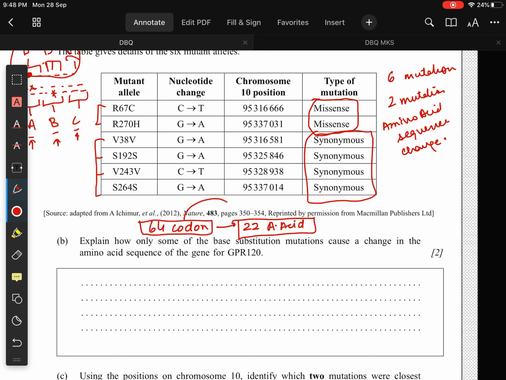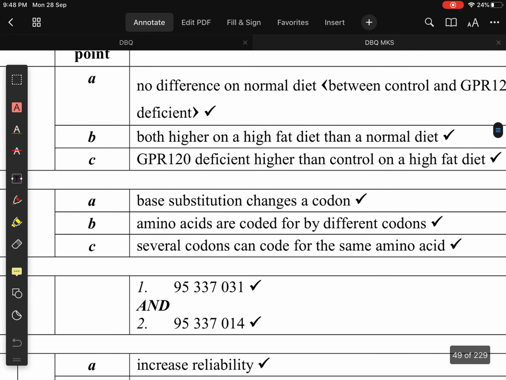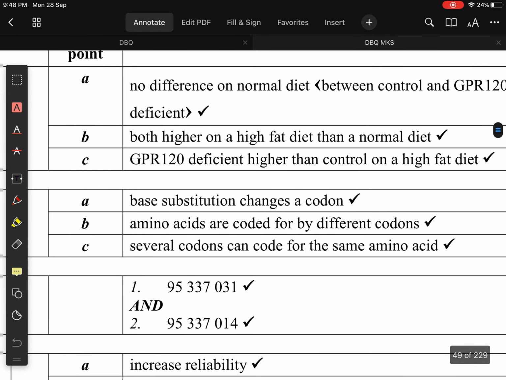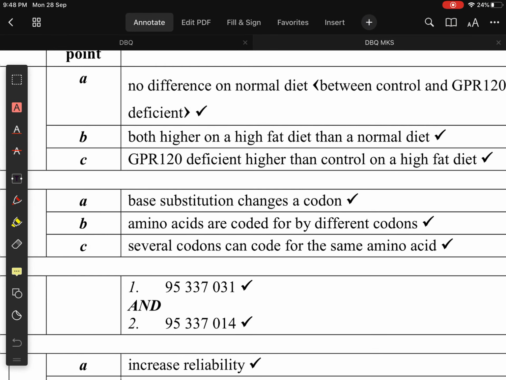That means there is more than one codon coding for the same amino acid. So for example, if this change happened, but this codon is still coding for the same amino acid, it becomes synonymous. So that's why we are saying several codons can code for the same amino acid.